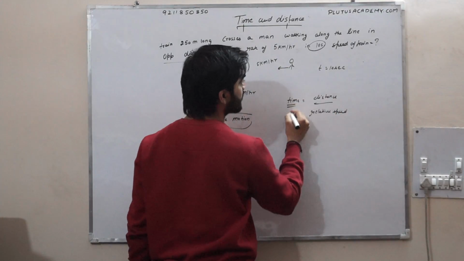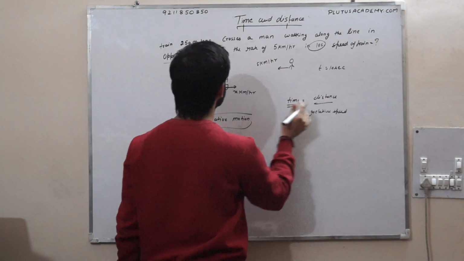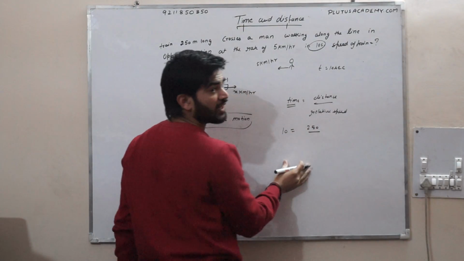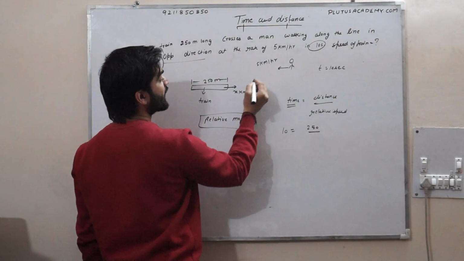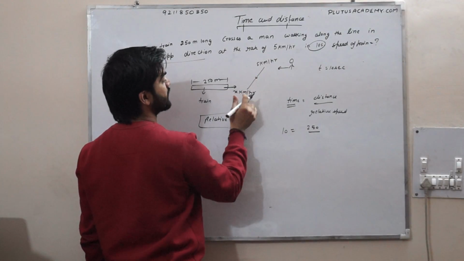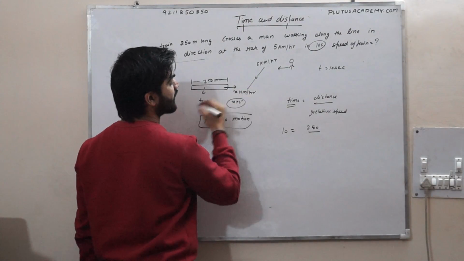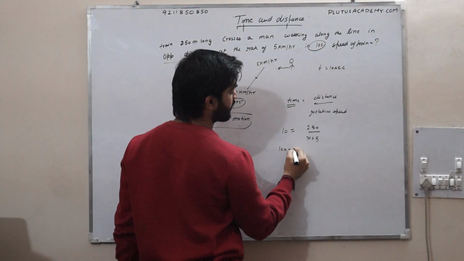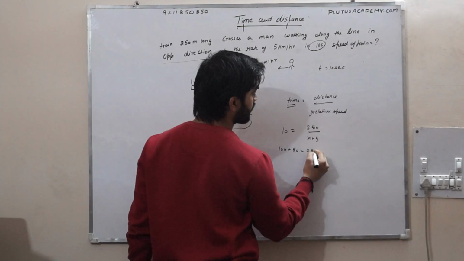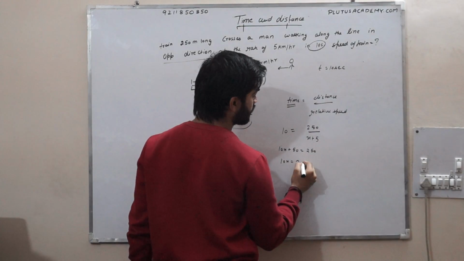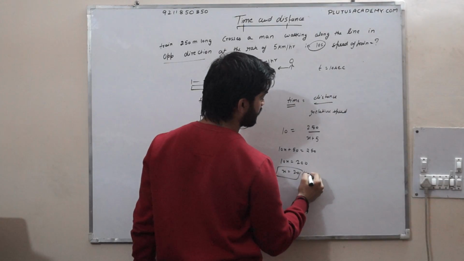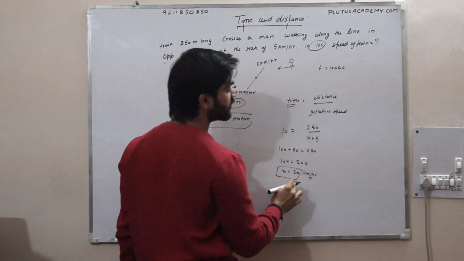So time is 10, distance is 250, and what is the relative speed? Relative speed in this case is always add up. So what is the final result? X plus 5, or you can say 10x plus 50 is equal to 250. So 10x is equal to 200, x equal to 20 km per hour.